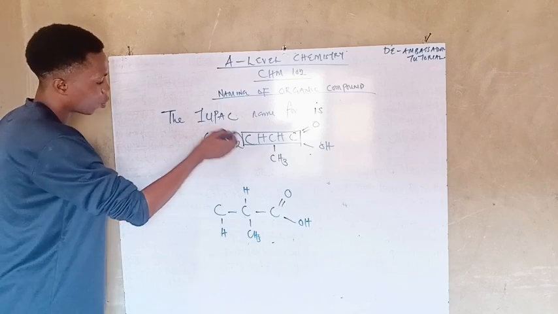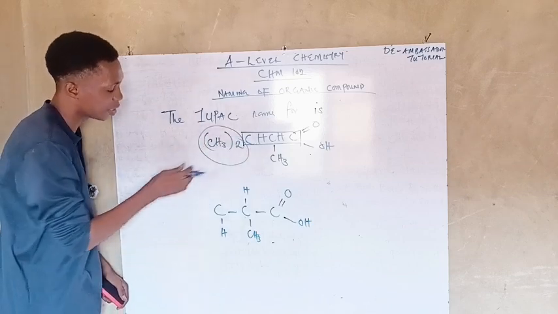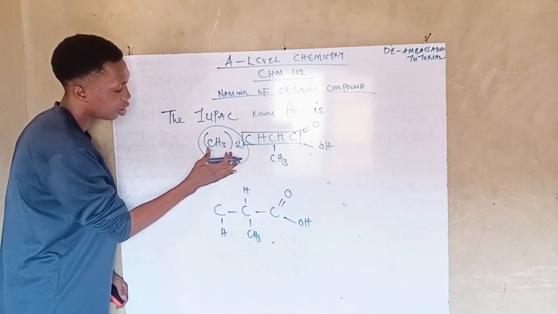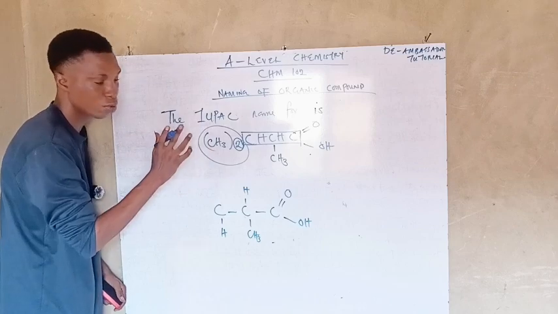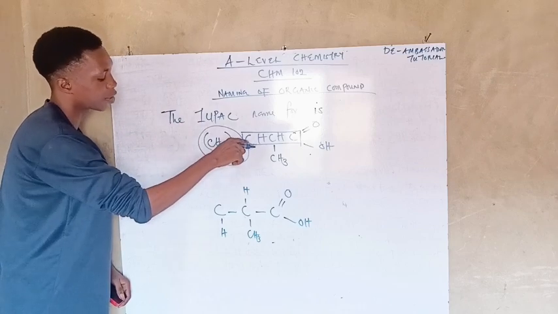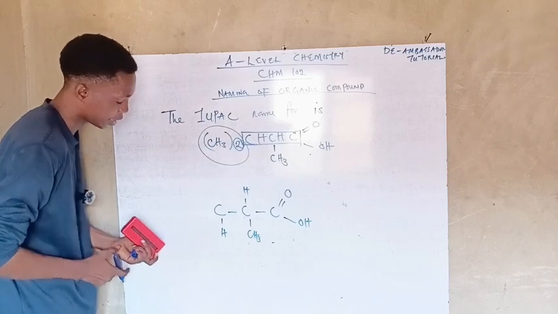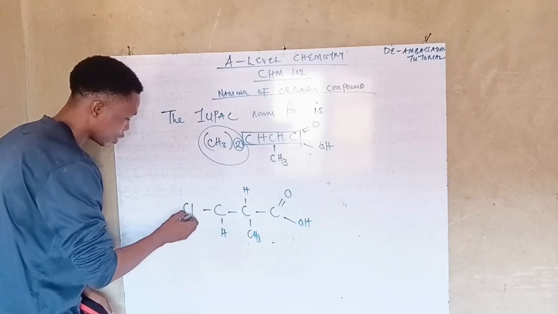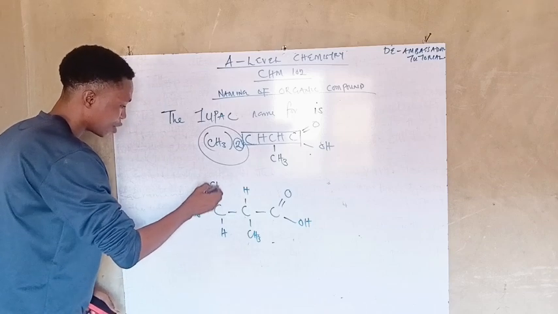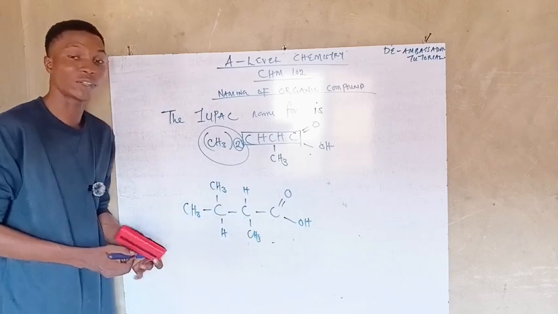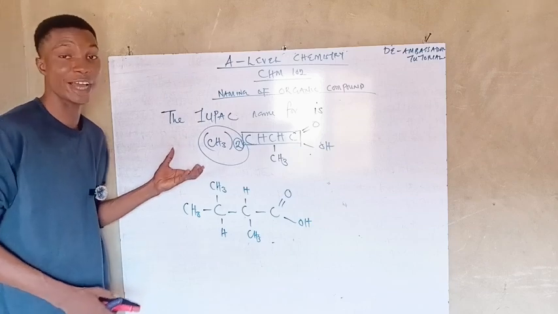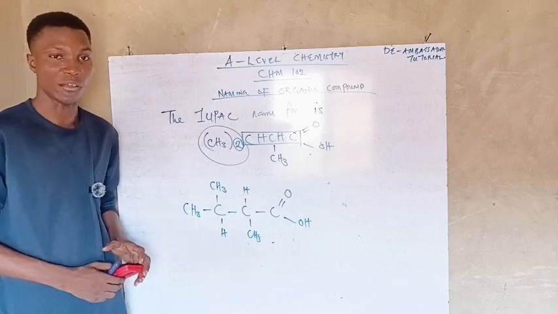So what happened to this one? For the case of this one, it means that this CH3 is in two molecules and is attached to this carbon. So in this case, I can put it here, CH3, then on the other side, CH3. Now I've actually broken down this condensed structure to a structural formula, so we can now name.